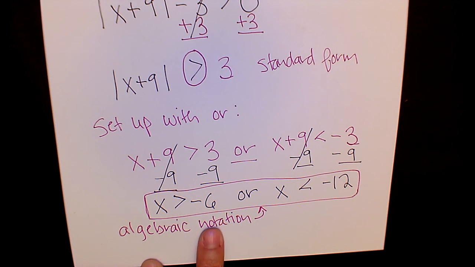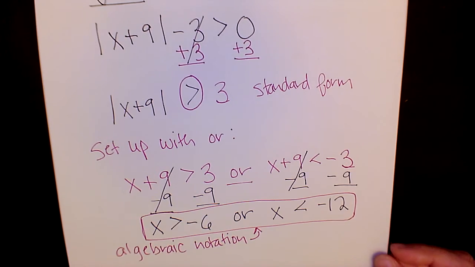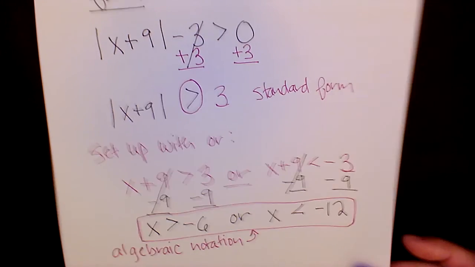So x is greater than -6 or x is less than -12. You put the or in there. That's your algebraic notation. Okay, let's graph it and let's do the interval notation. So this is the algebraic.